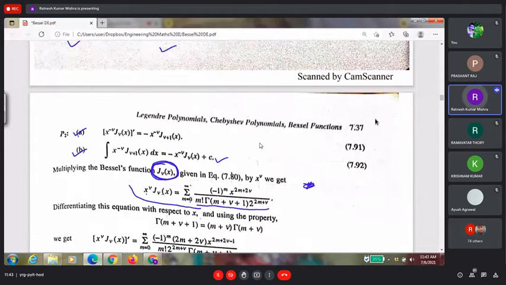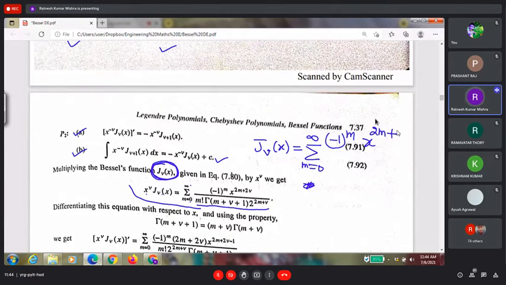So we have this, summation m equals 0 to infinity (-1)^m x^(2m+v) divided by factorial m plus v plus 1, and you can also write it as (x/2) to the power 2m plus v.